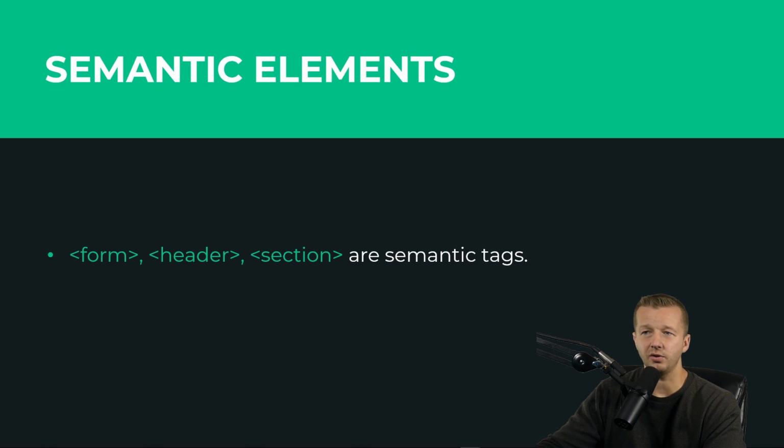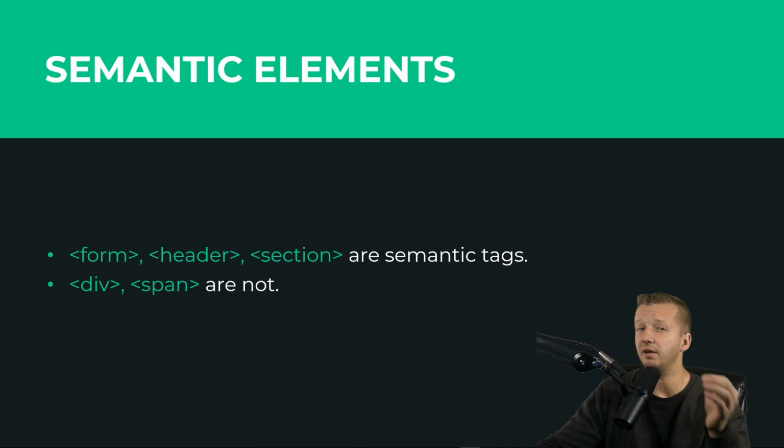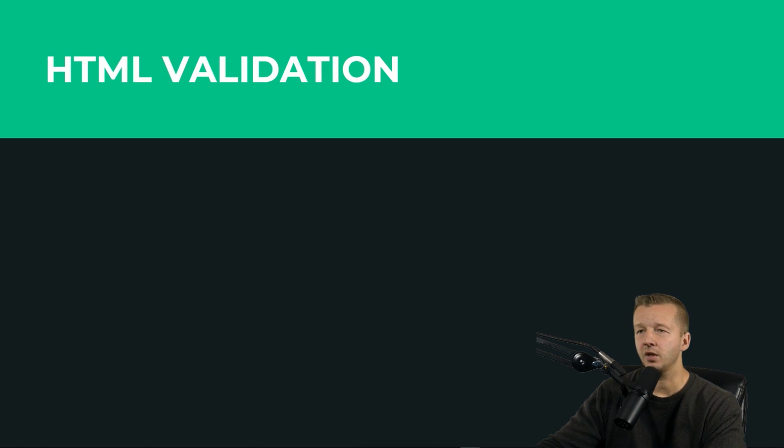There's also non-semantic elements such as div and span, because they don't really tell you what the section being defined is. Again, understanding this isn't 100% vital if you're just starting out, but it does help because you see this terminology in different tutorials and perhaps other front-end developers as well.